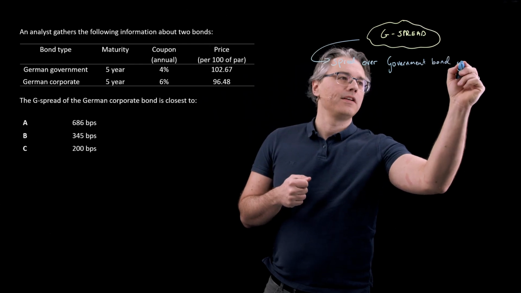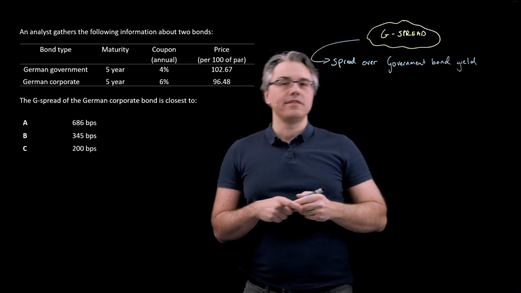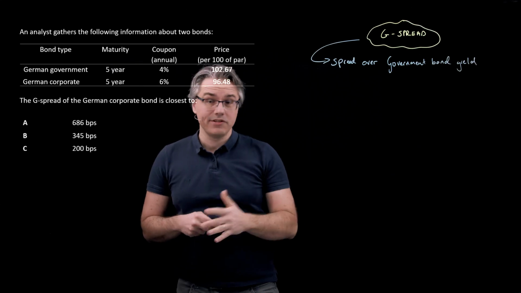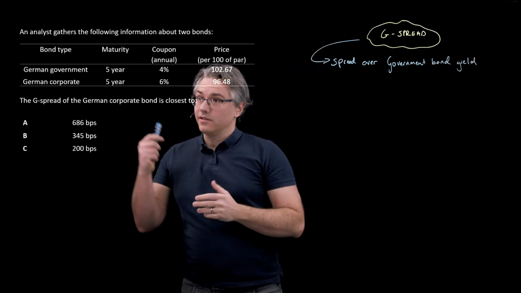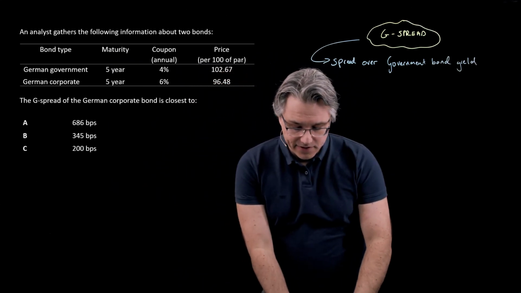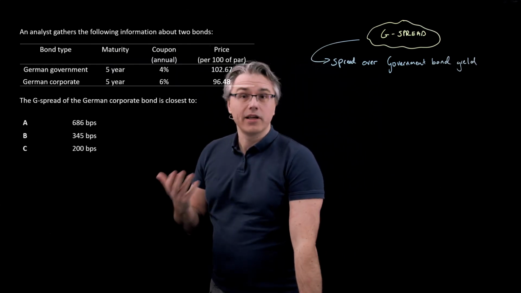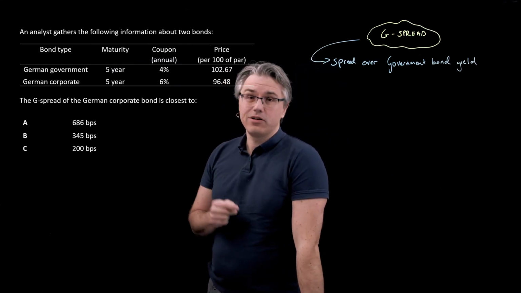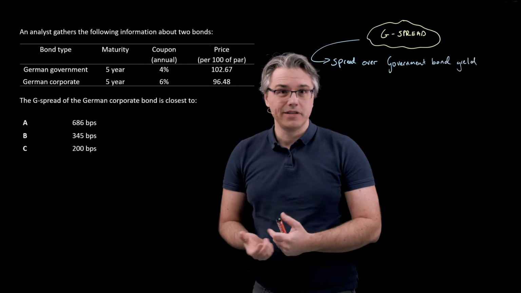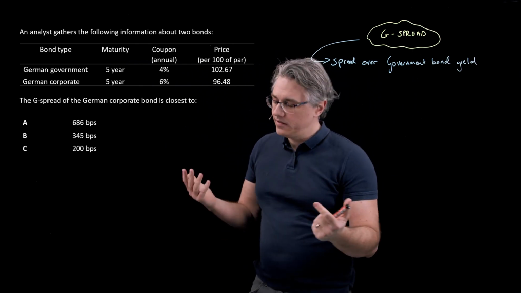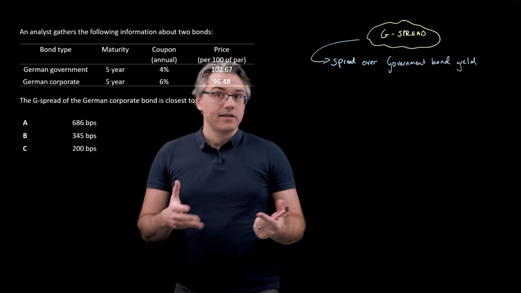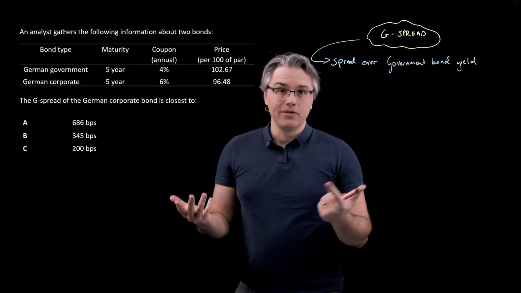And this is simply going to be, in the end, a difference in yields to maturity for the two bonds. Hopefully, what will come out is that the German corporate bond will have a higher yield to maturity than the German government bond, and we'll just compute the delta, the difference, and that's going to be the answer. Okay, so we need to set this up on the calculator.